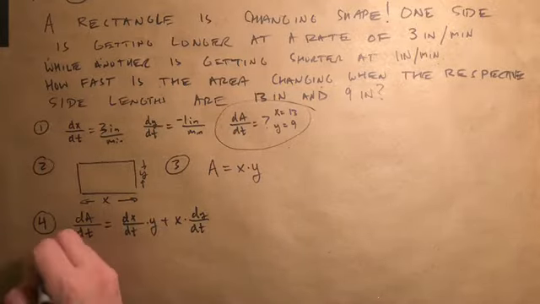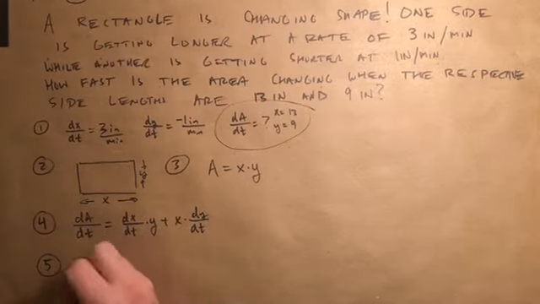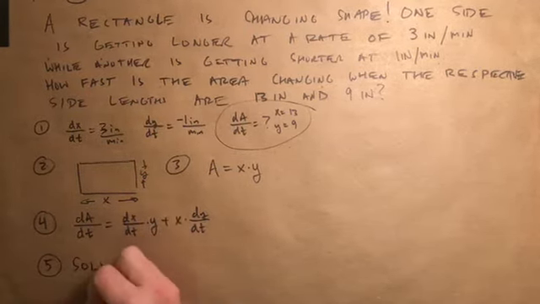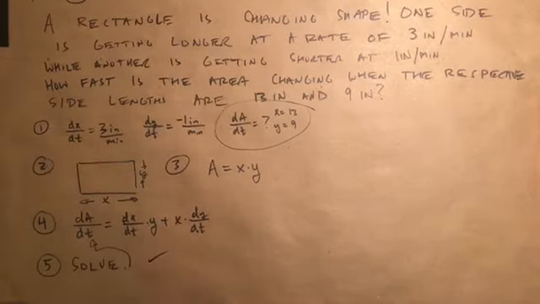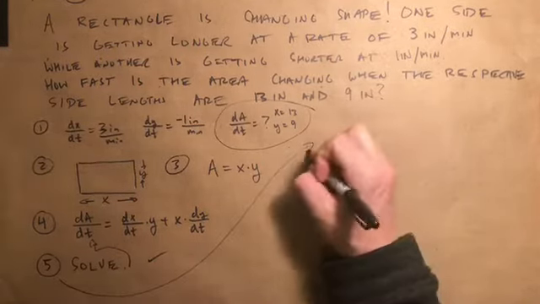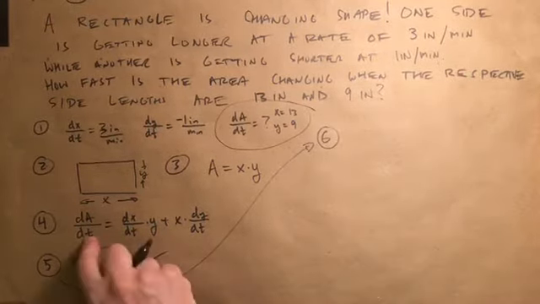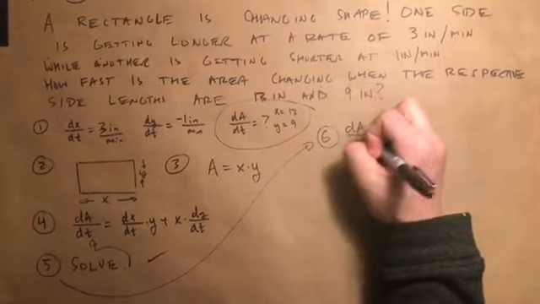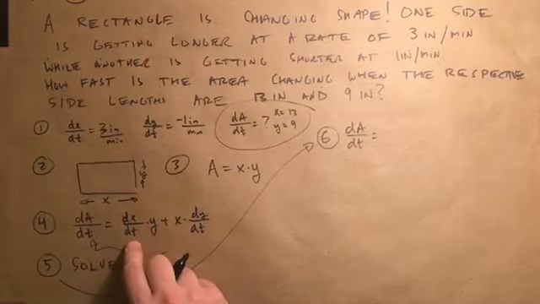Our next step is to maybe solve for our unknown derivative, and our unknown is dA/dt, so this part's already done for us. And we're finally going to plug in. What can I plug in here? dA/dt we don't know. We certainly know dx/dt, and that was 3.